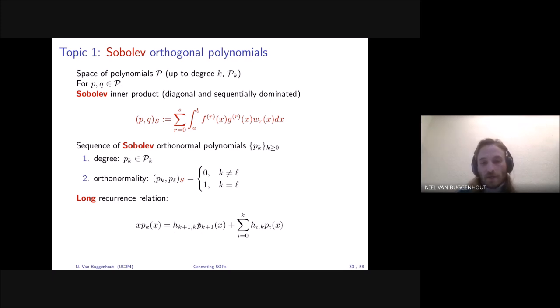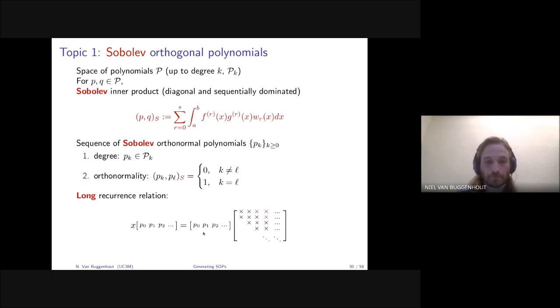So this means that we have a relationship between x times p_k of x, the left-hand side, and the right-hand side, where on the right-hand side, all polynomials from degree 0 up to k plus 1 occur. Yeah, so if we now put that in matrix form, the recurrence matrix will no longer be tridiagonal, but it will have extra elements, so it's a Hessenberg matrix. So here in red, I put the extra elements that would appear compared to a tridiagonal matrix.